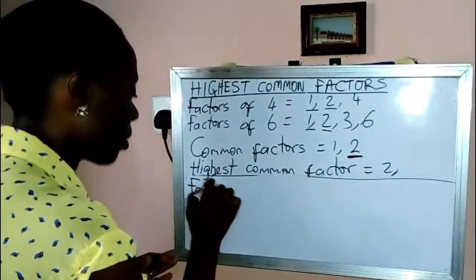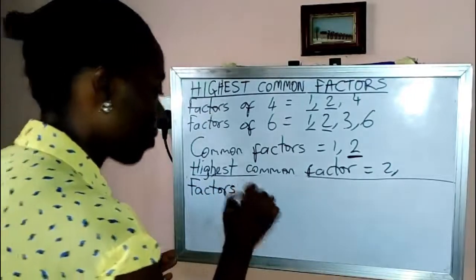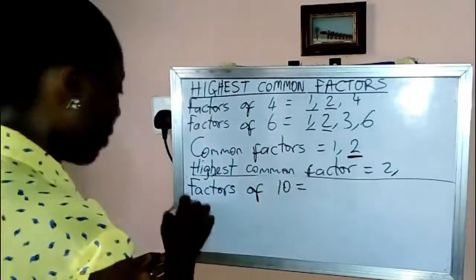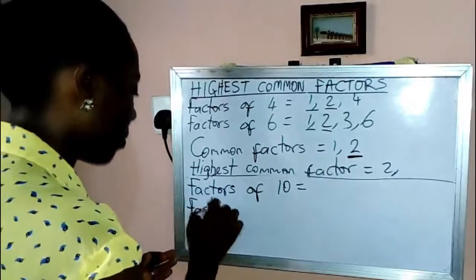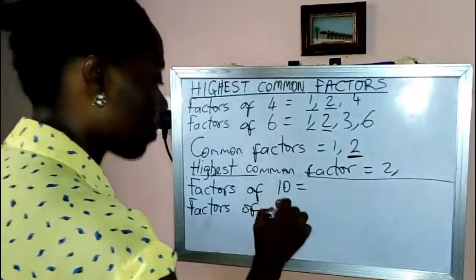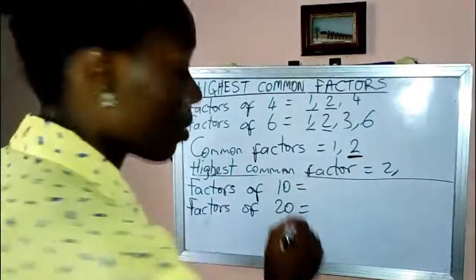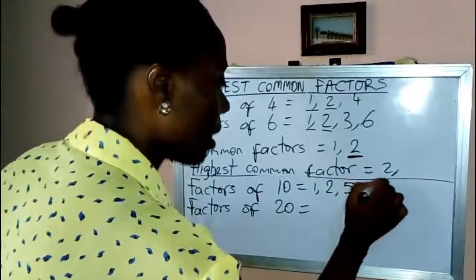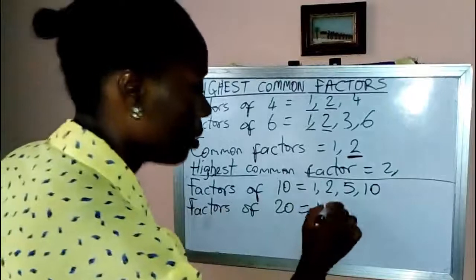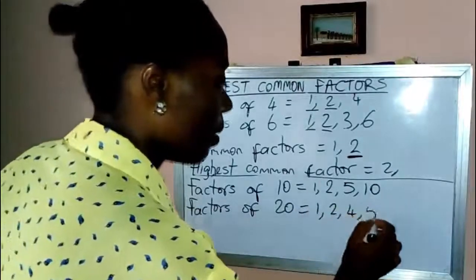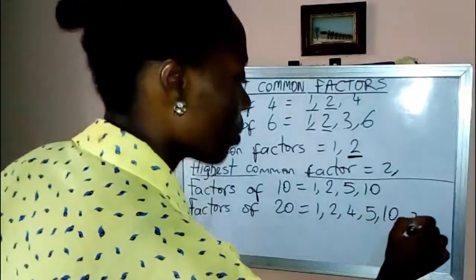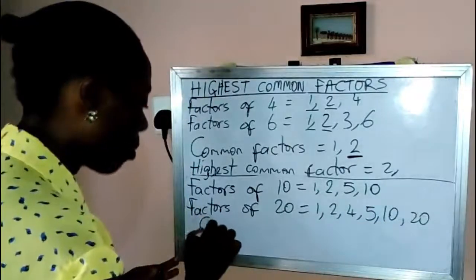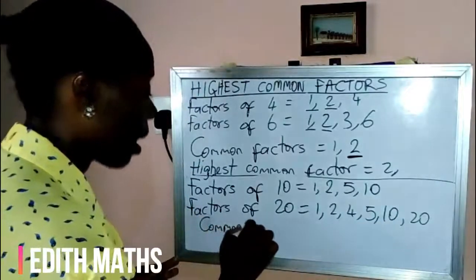For factors of 10, we have 1, 2, 5, and 10. For factors of 20, we have 1, 2, 4, 5, 10, and 20. Now let's see what the common factors are.